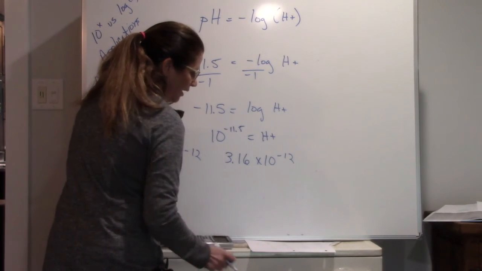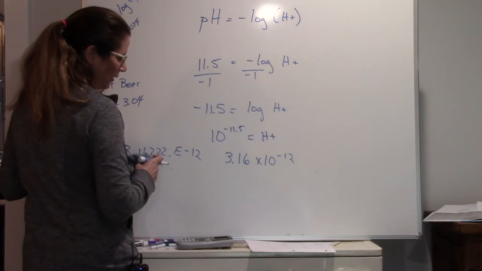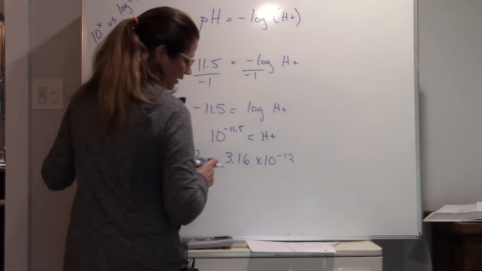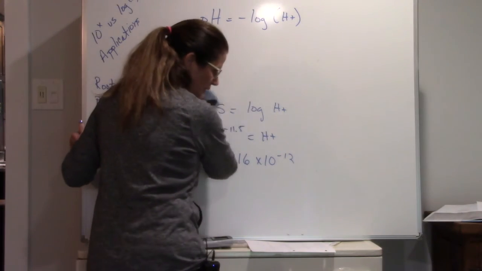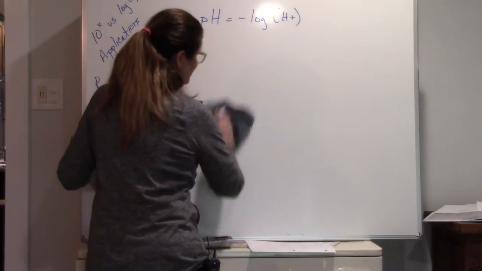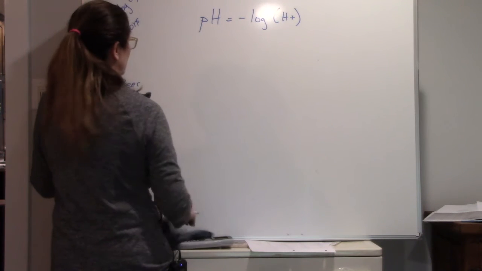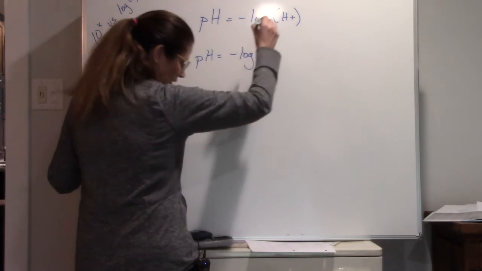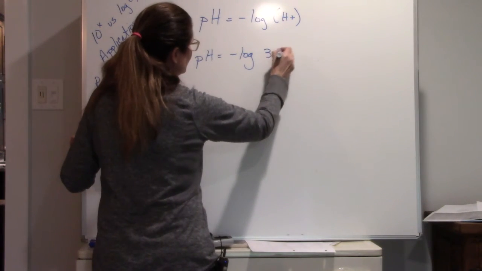Okay. Then another question, 23 on page 108, says determine the pH of lemon juice if the hydronium is 3.98 times 10 to the negative third. Okay, so we're looking for pH. We're given the hydronium.